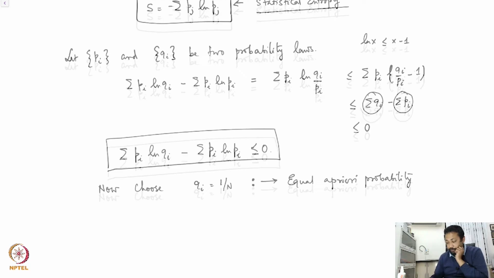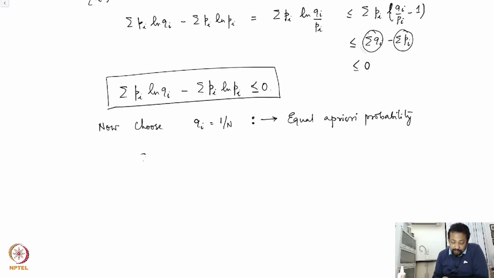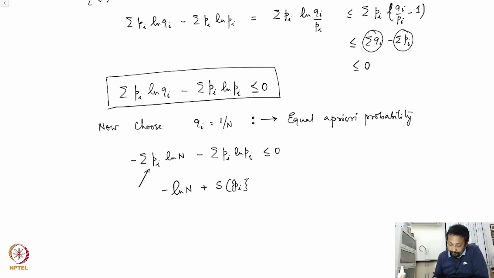If that is the case, then I have sum over pi times minus ln n minus sum over pi ln pi is less than or equal to 0. But sum over pi is 1 in this particular case. Therefore, I have minus ln n plus S of pi, the statistical entropy associated with the probabilities pi, must be less than or equal to 0, which means S of pi must be less than or equal to ln n.